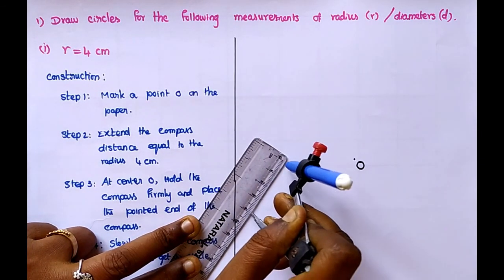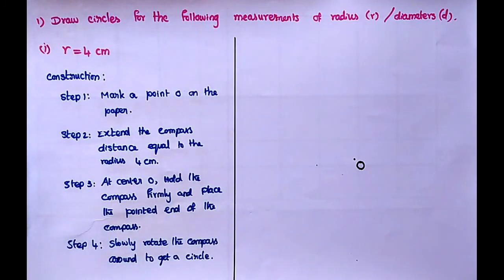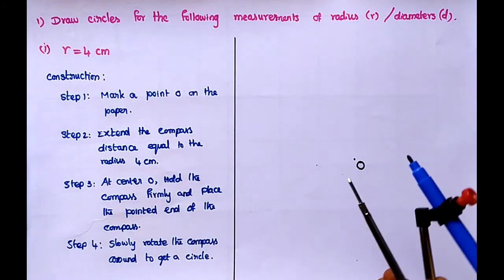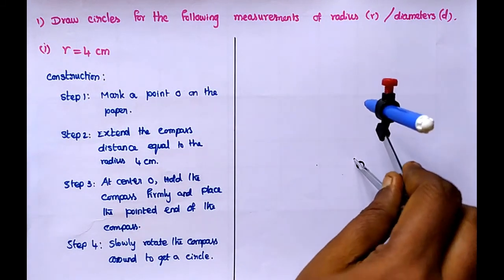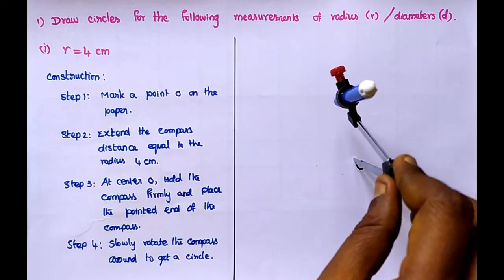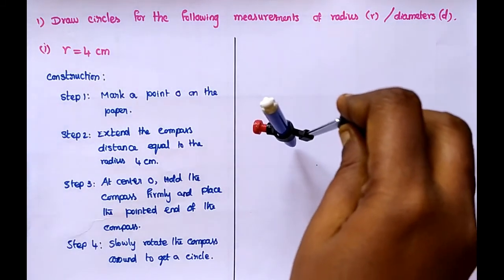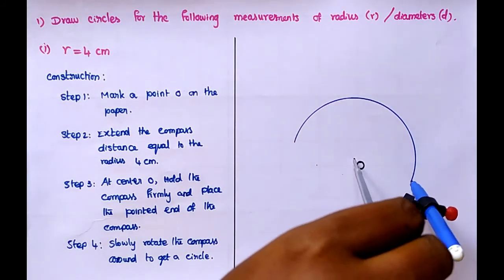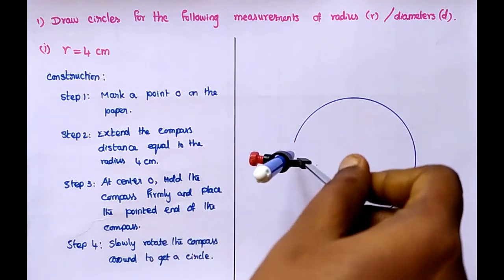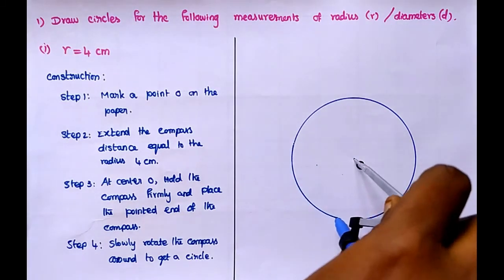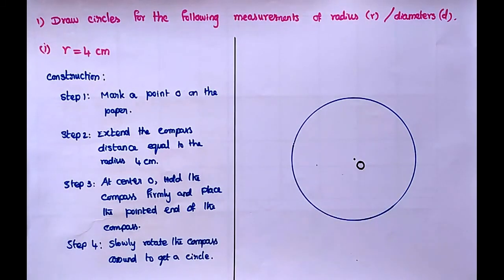Third step, at center O, hold the compass firmly and place the point end of the compass. Next, slowly rotate the compass around to get a circle. So that is the required circle.